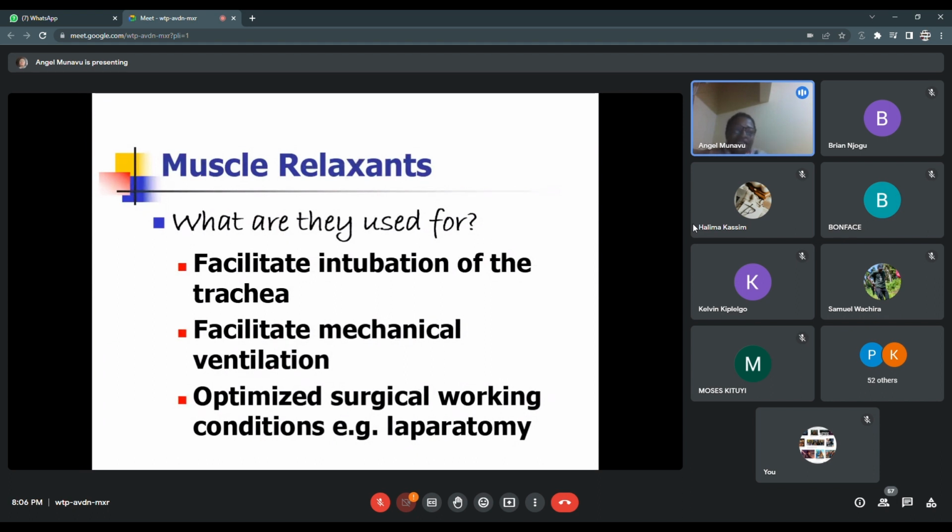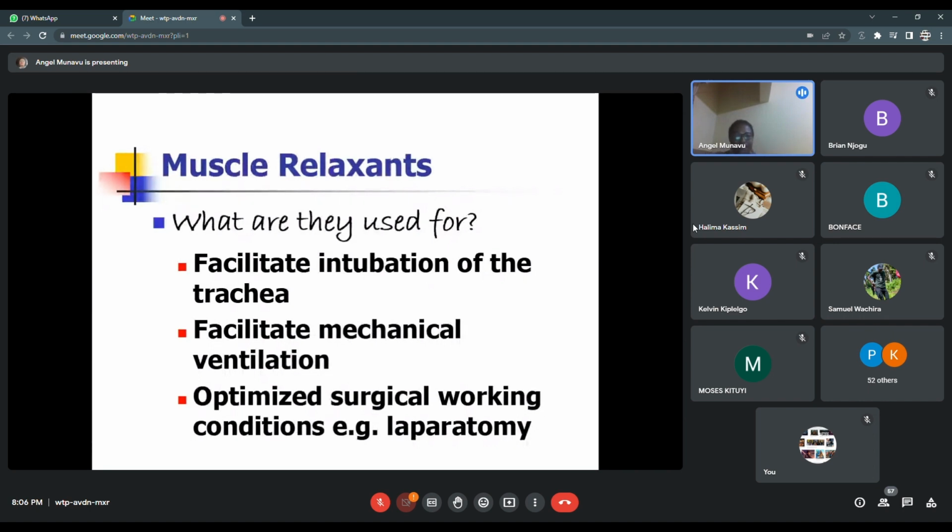Because when you only give the patient the induction drugs, the propofol, the ketamine, or the sodium thiopentone, the patient will sleep. But some patients sleep with their mouth closed, with the teeth tightly closed, so that you cannot open the mouth. Remember, I said introduce the laryngoscope, then put the tube.